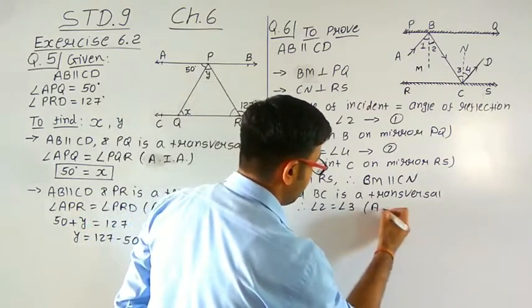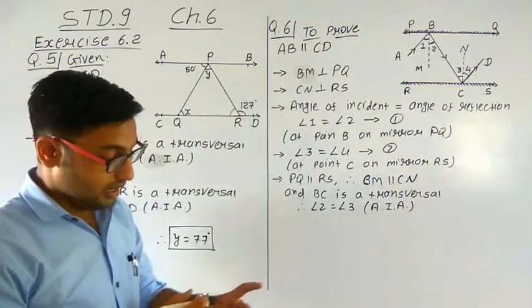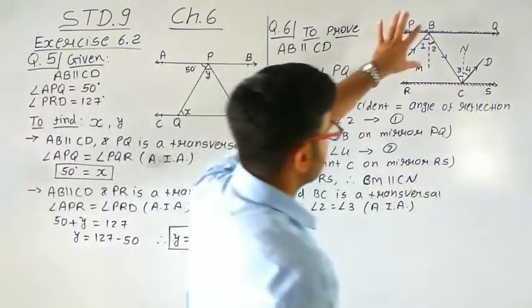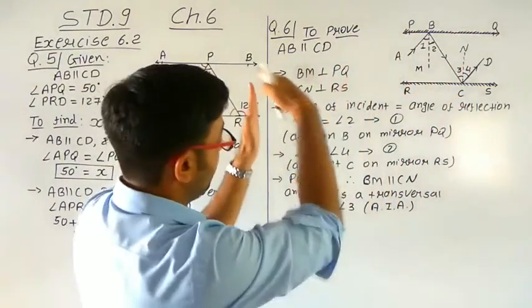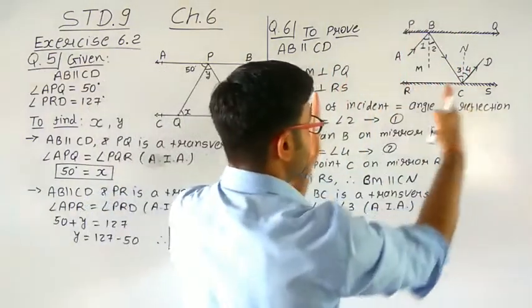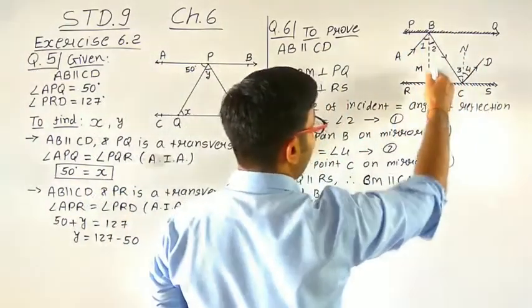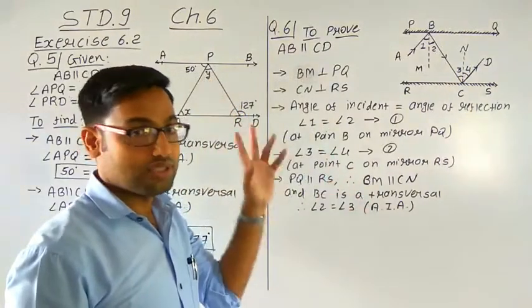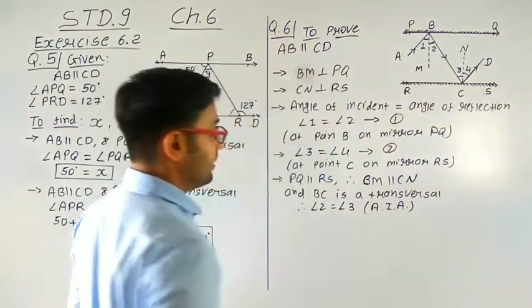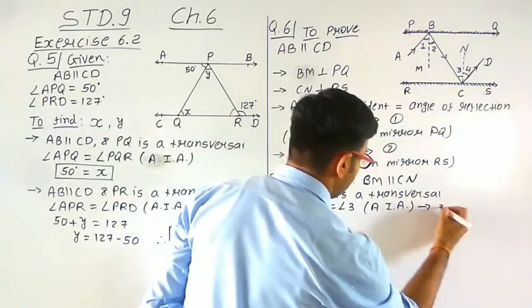Why? Because of alternate interior angles. Understand it carefully. See, this is BM, this is CN. The two lines are parallel and BC is the transversal. So angles 2 and 3, where a Z is formed here, both have the same value according to alternate interior angles. Give it equation number 3.